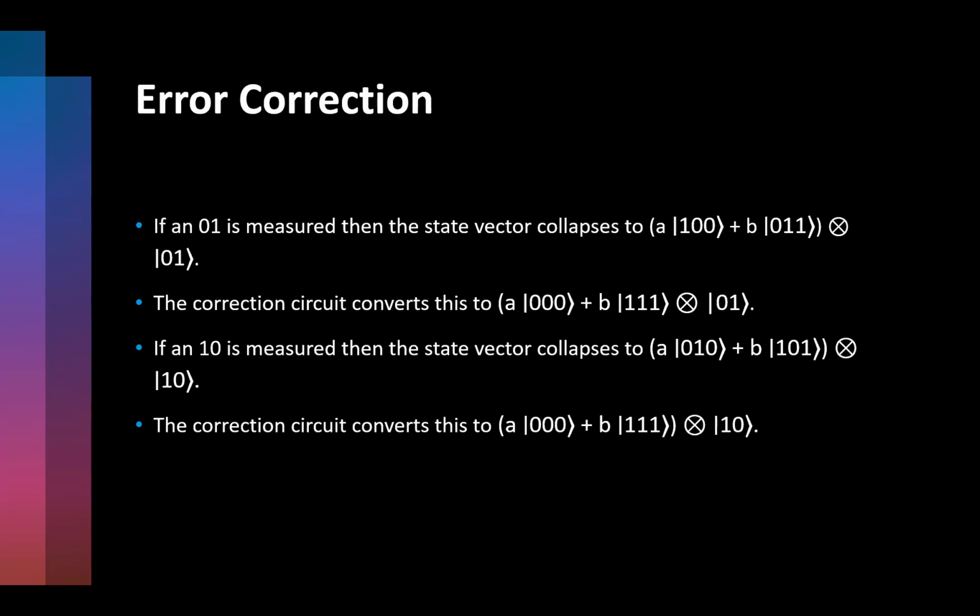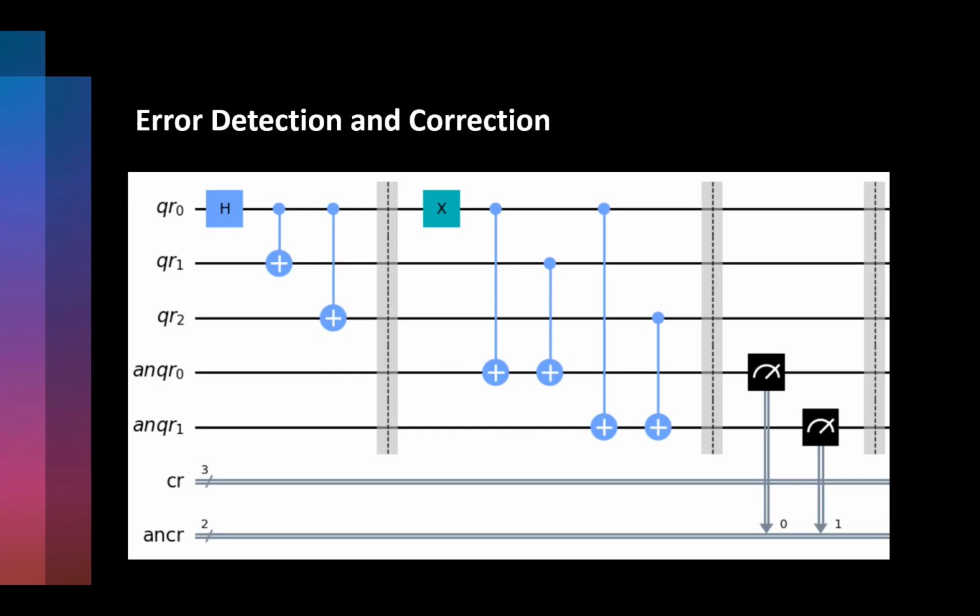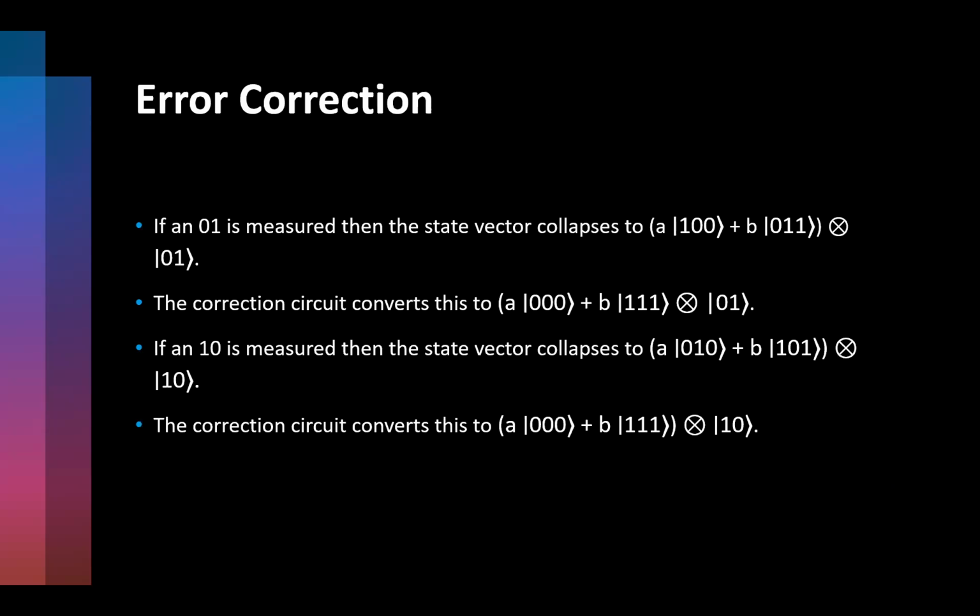If our answer is detect 0 0 state, that means our information is correct. We don't have an error. But if it detects 0 1 in measurement, then the state vector collapses into a 1 0 0 plus b 0 1 1.